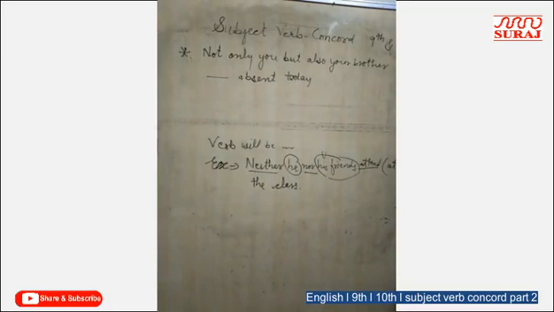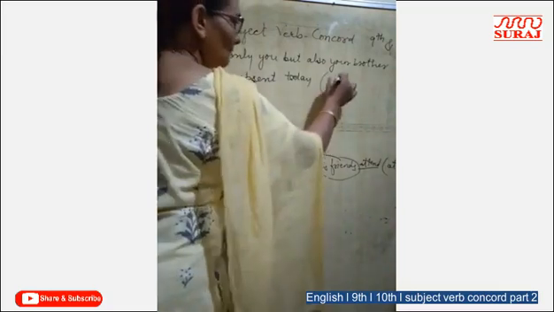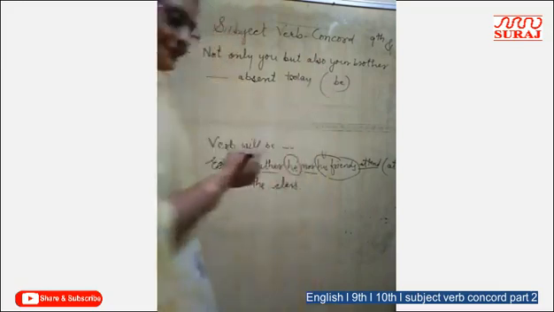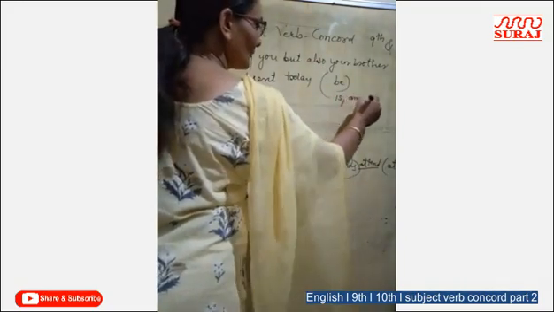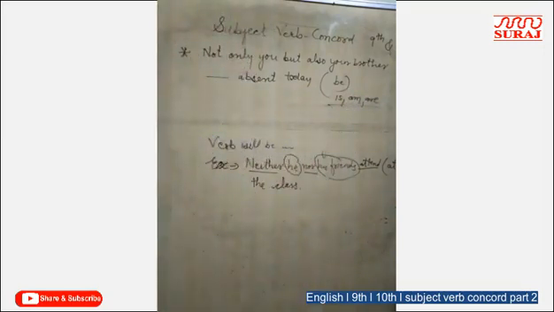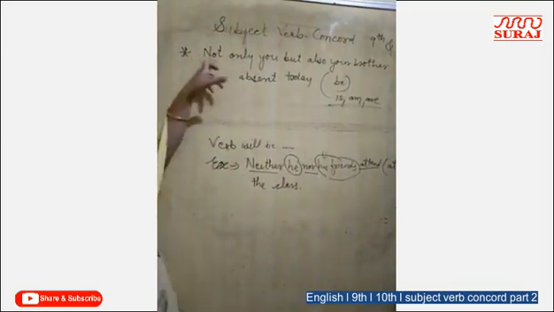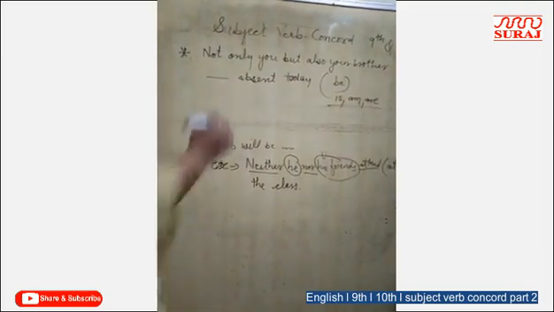Verb be means is, am, are. We have these three options. By these options we have to fill here: not only you but also your brother, blank space, absent today.